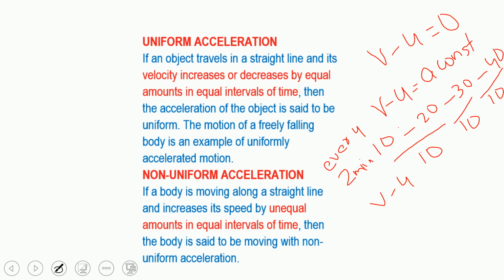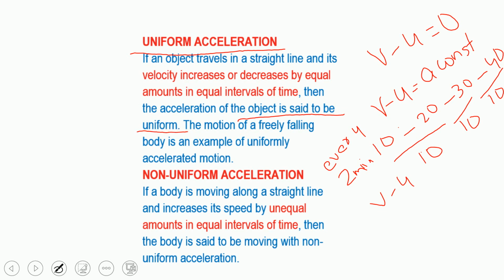And here? 10. Every 2 minutes it is 10. So in equal intervals of time, the change in velocity is also equal, so we will say uniform acceleration is there. Here is the definition: if velocity changes by equal amounts in equal intervals of time, then the acceleration of the object is said to be uniform.